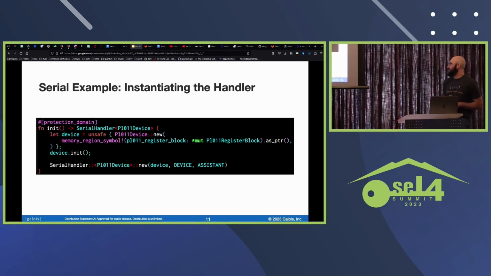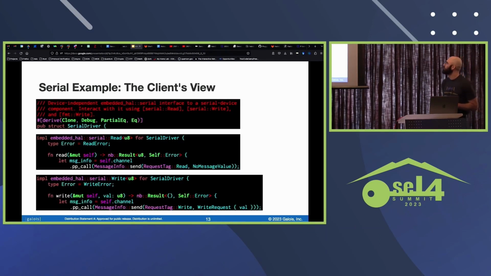Then what does it look like on the client side? Well, similarly, we're back inside the adapter crate. There's a fair amount of code to write here, but the idea is you only have to write it once, right?